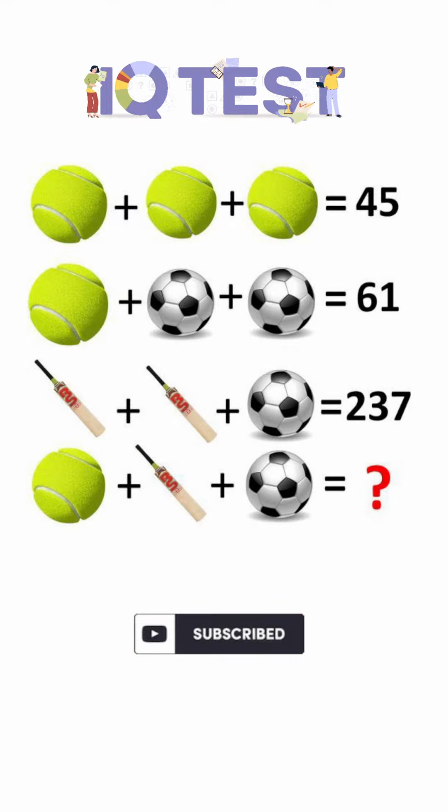So Nico, what are you getting for the tennis? Okay, tennis is 15. Very good. So what are you getting for the football? The tennis is 15. What are you getting for the ball?